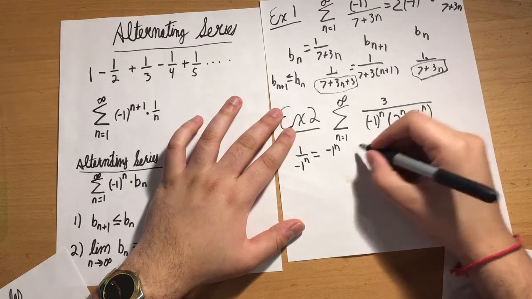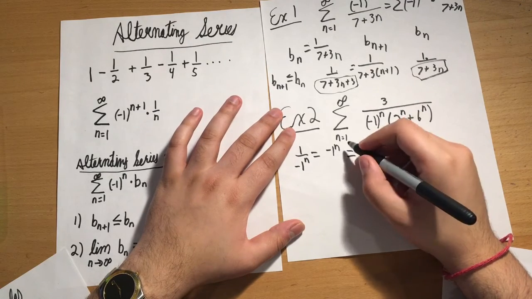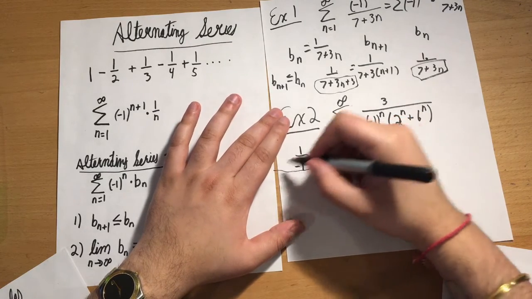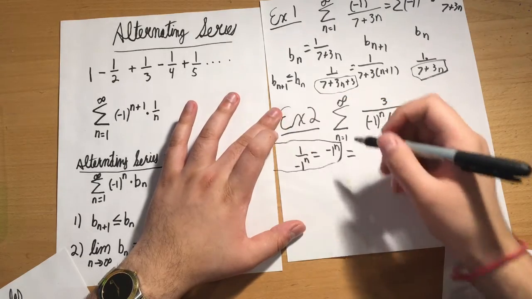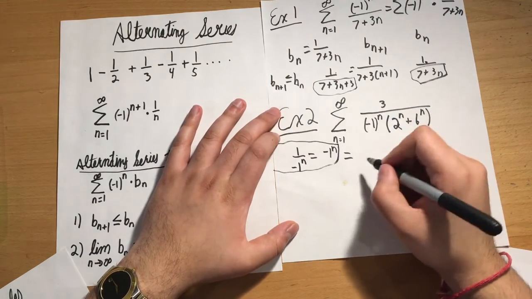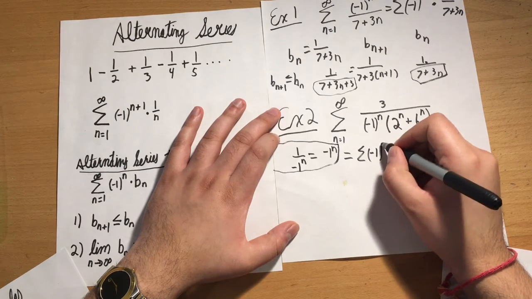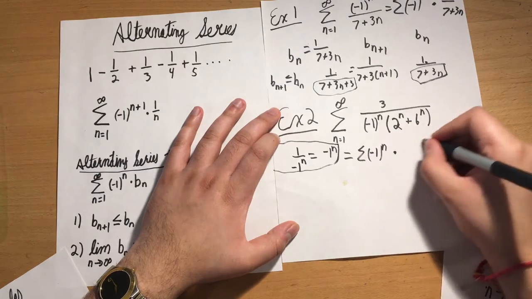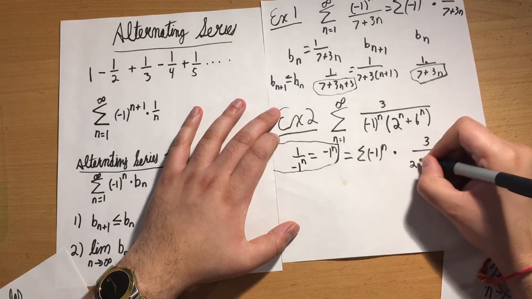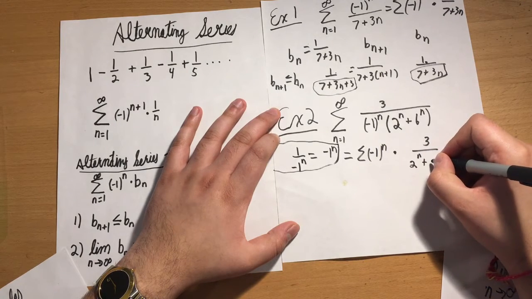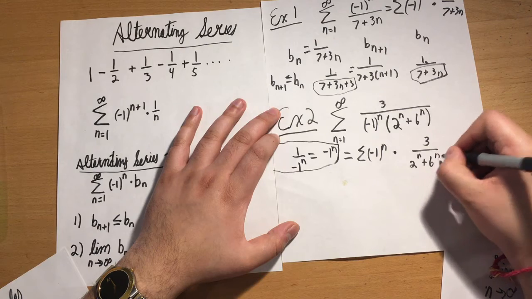So the way I end up splitting this is a negative 1 to the n power multiplied by 3 over 2 to the n plus 6 to the n.